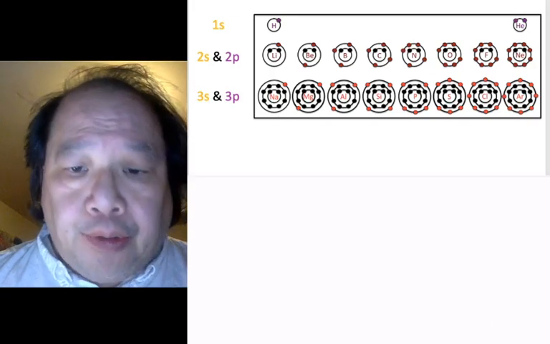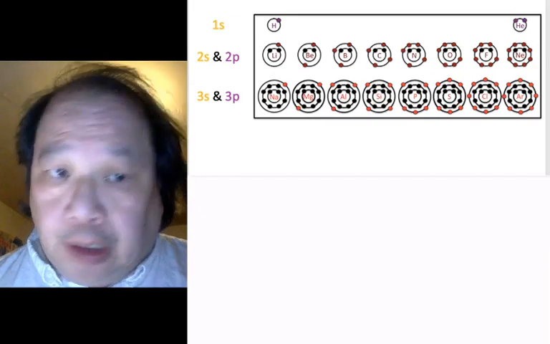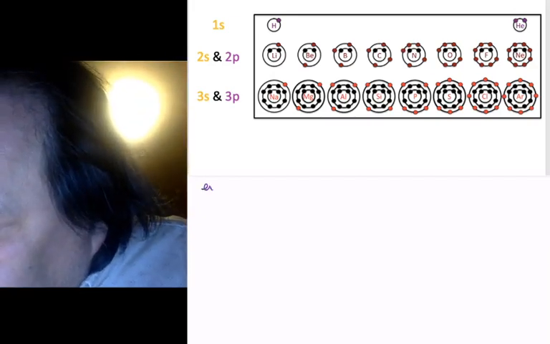The second main point of the last lecture was to explain the Aufbau principle in terms of the extended Bohr model.